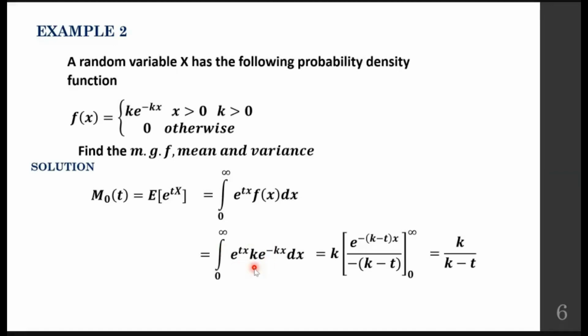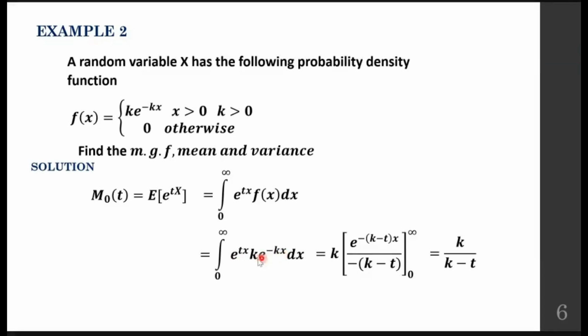If we combine, we can write e raised to m into e raised to n will become e raised to m plus n. So we will get e raised to tx minus kx. So when we take x outside, we will get e raised to t minus k into x.